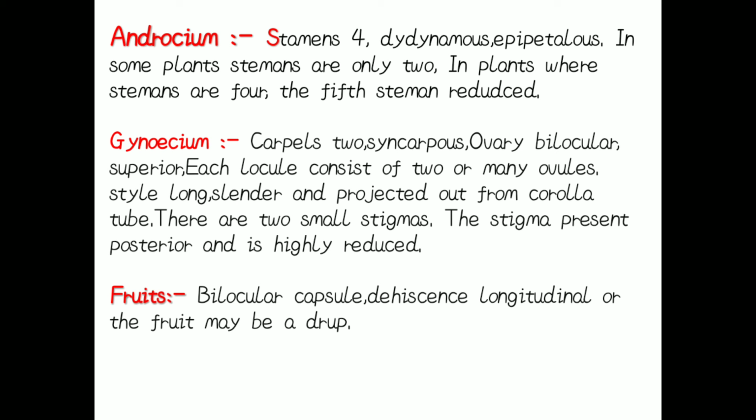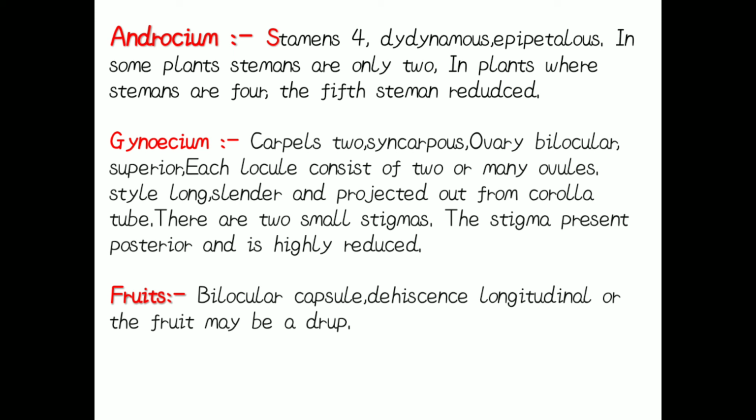There are two stigmas, as students know from the 8th or 9th standard. The stigma is the part of the female organ which secretes the sugary stigmatic secretion, and the stigmas are generally two in number. The posterior stigma is highly reduced.